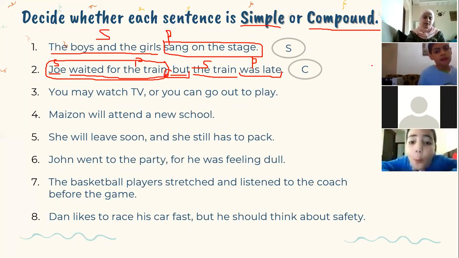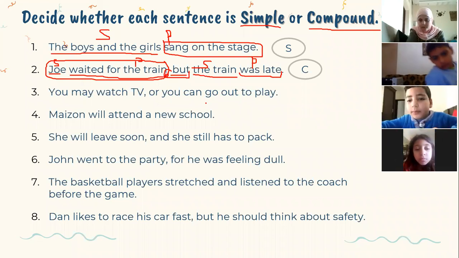Okay. Let's take Ali Hamoud. You may watch TV or you can go out to play. Okay, so is this simple or compound?